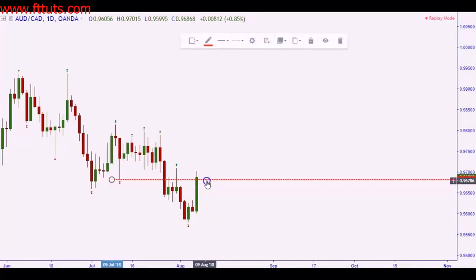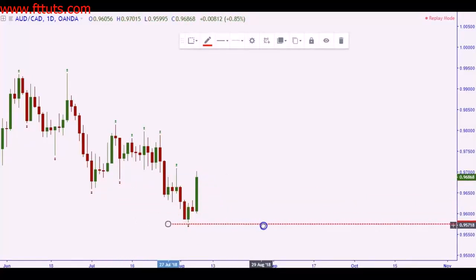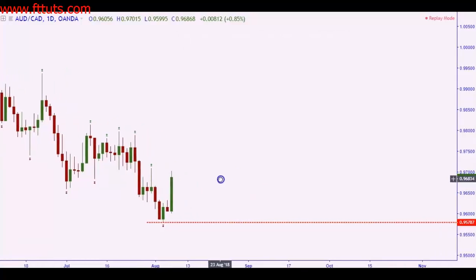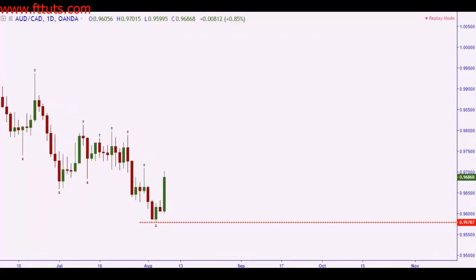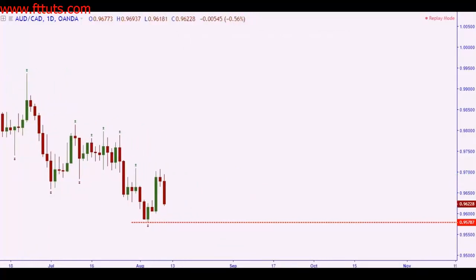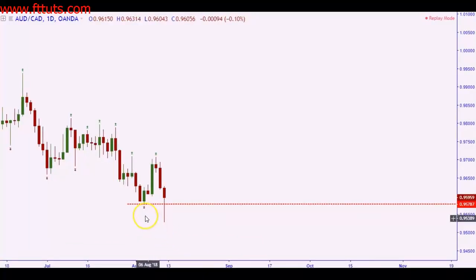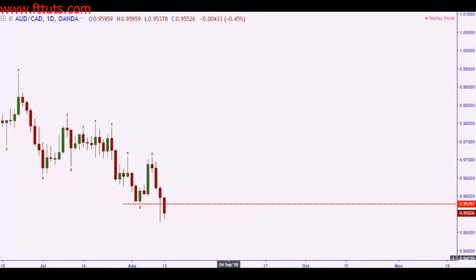So it made a new bear fractal, so I'm going to look for an entry at that point. My trade is triggered already, but now I'm in a drawdown. So I made profit, then I'm now in a drawdown. That's if I put an aggressive entry. If I wait for the next candle to close, then I'm in the market here.